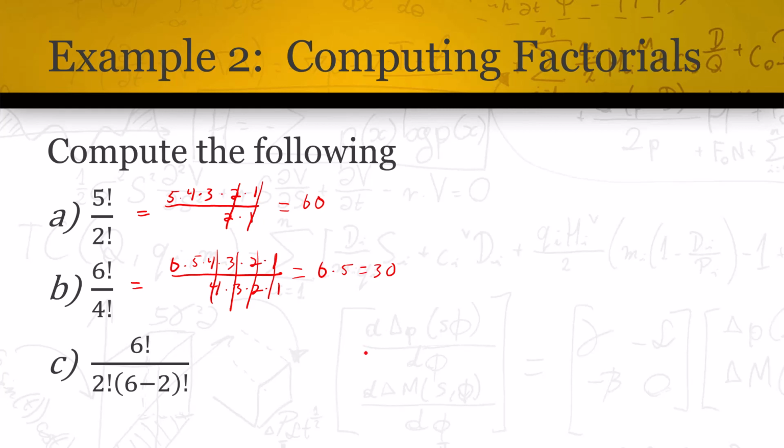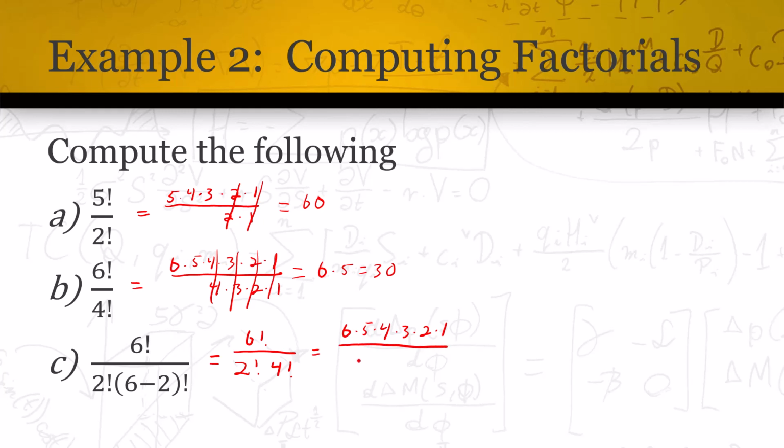And then the third example, which is something you're going to see in the subsequent video, is actually called the combination computation. This will be 6 factorial divided by 2 factorial, and then 6 minus 2, that is 4 factorial. Okay, so that's going to be 6 times 5 times 4 times 3 times 2 times 1.